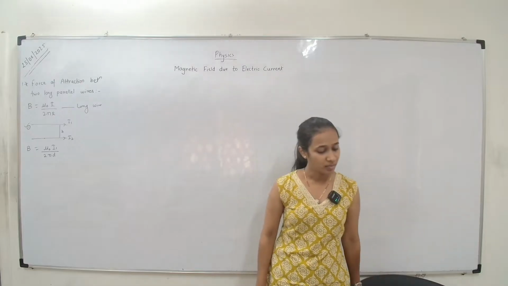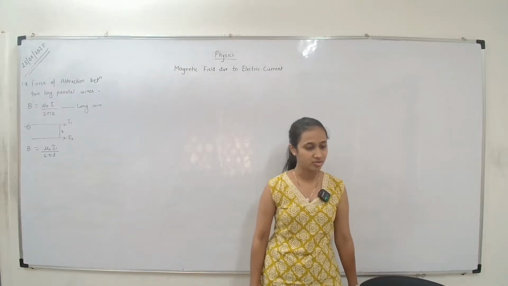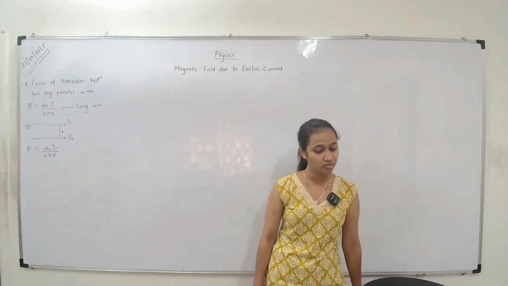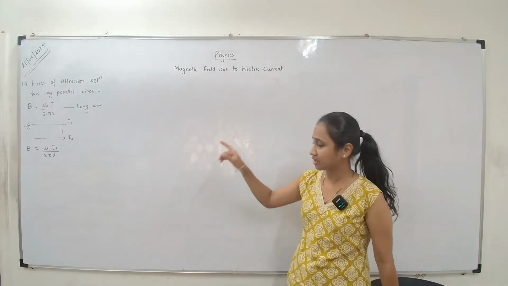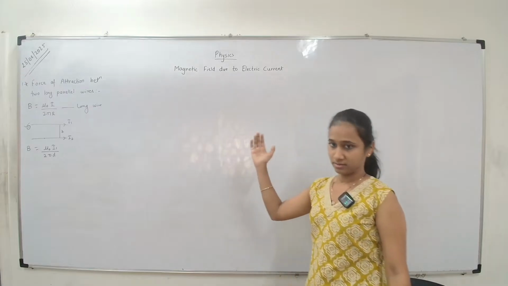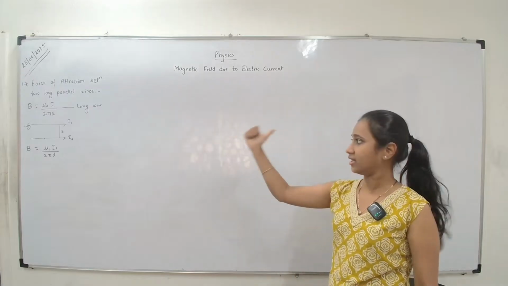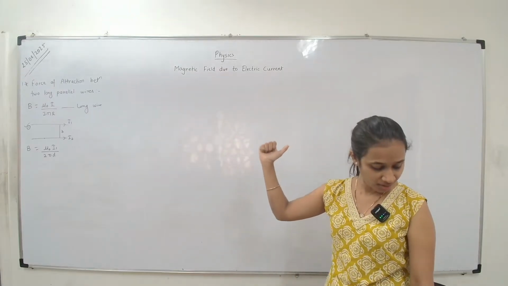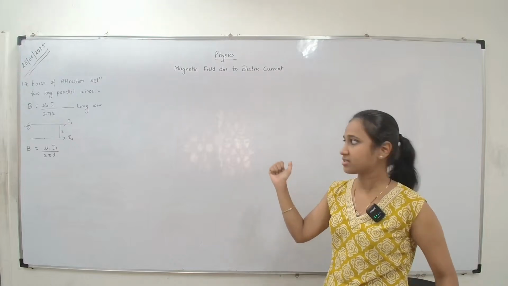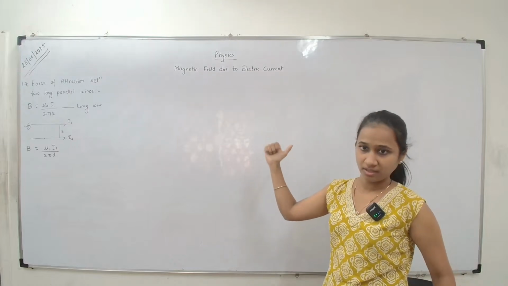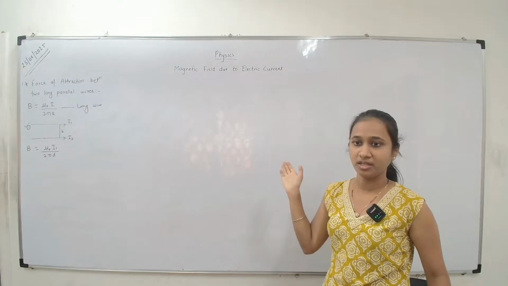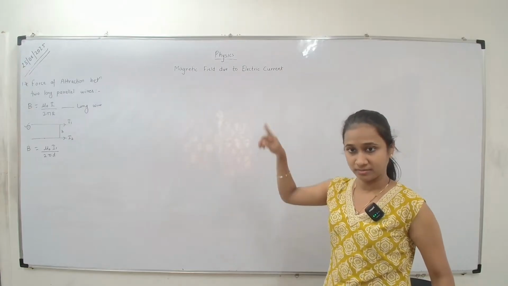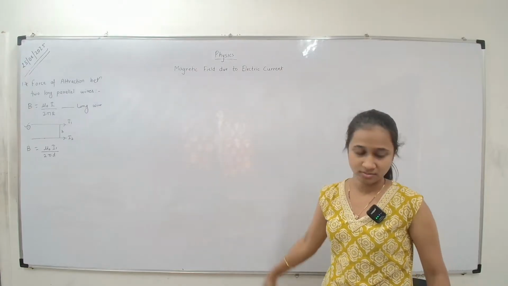Understood? Now by the right hand rule the direction of this field is into the plane of the paper. What were we doing? We were holding the conductor in the right hand, and this is the direction of I1. Then the direction of the field will be into the plane of the paper, going like this.